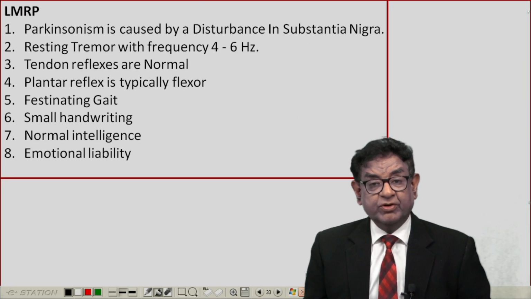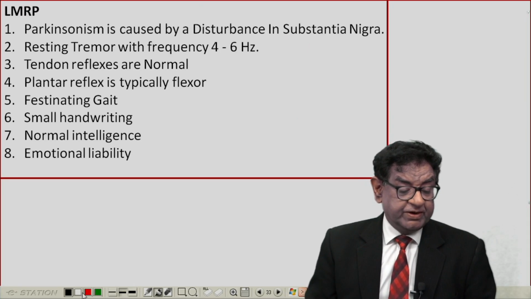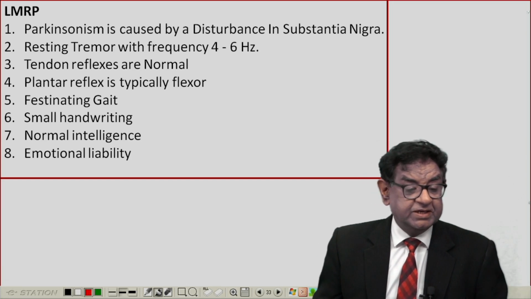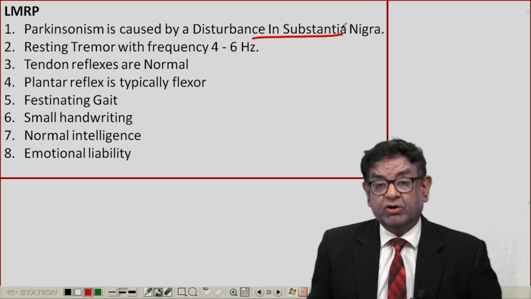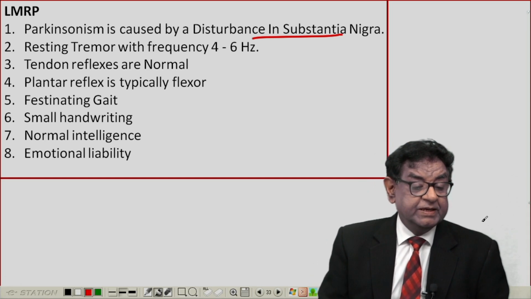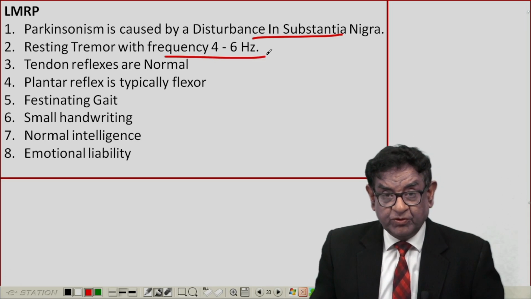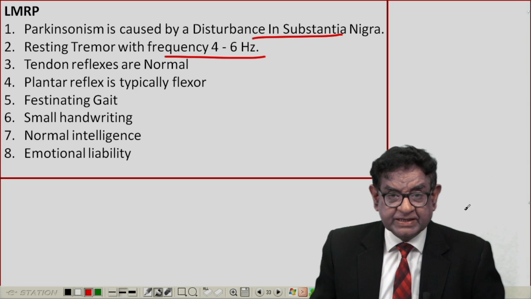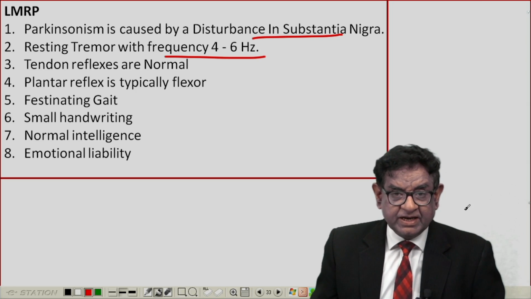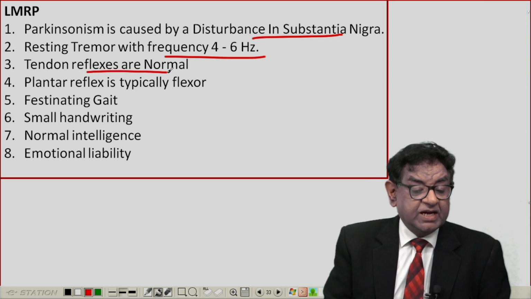Well, let's have a quick recap of the last-minute revision points of what we learned in this lecture. Parkinson is caused by disturbance of the substantia nigra, also called the nigrostriatal pathway. Resting tremor with a frequency of 4 to 6 per second, starting in the unilateral thumb. Later on it can extend to the fingers and the other arm also. Tendon reflexes are normal.